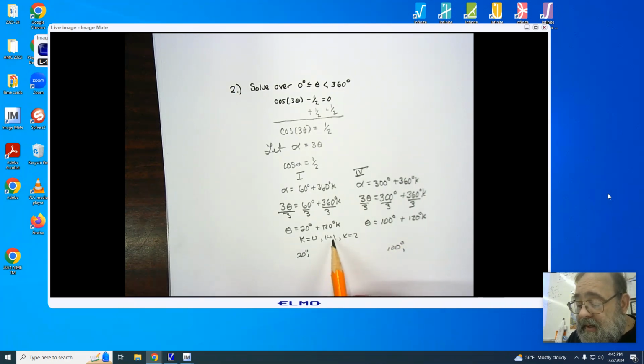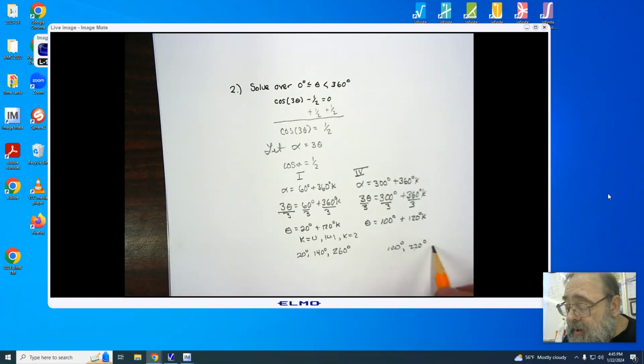I'm then going to let k equal 1 and add 120, which is going to give me 140 degrees. For this one, 220 degrees. Then k equaling 2 is adding another 120 degrees, and that's going to give me 260 degrees. Adding another 120 degrees on this part is going to give me 340 degrees.